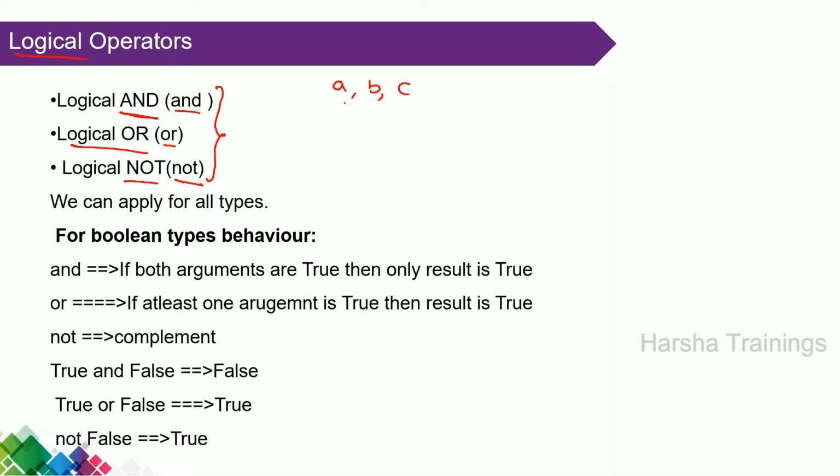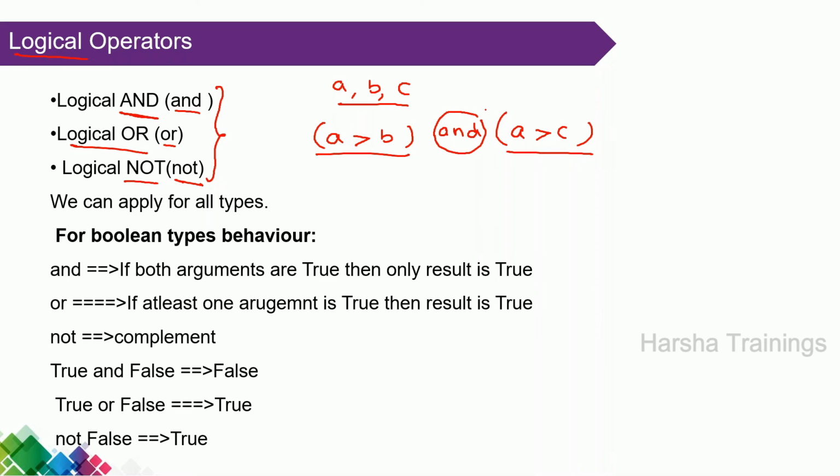Assume A, B, C. A greater than B and A greater than C. This is one expression, and this is another. So what is meant by the AND operation?